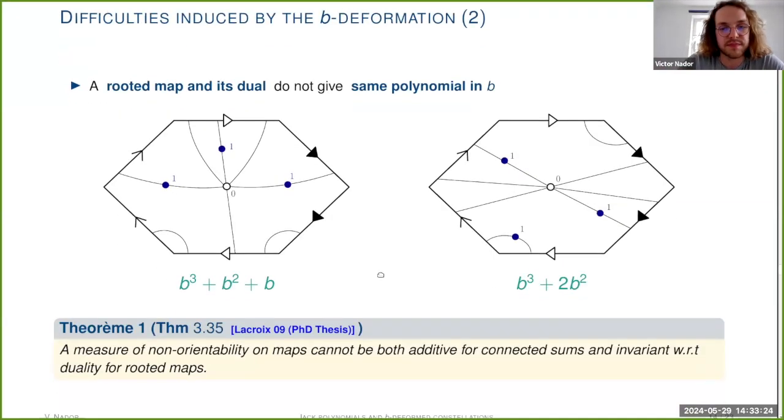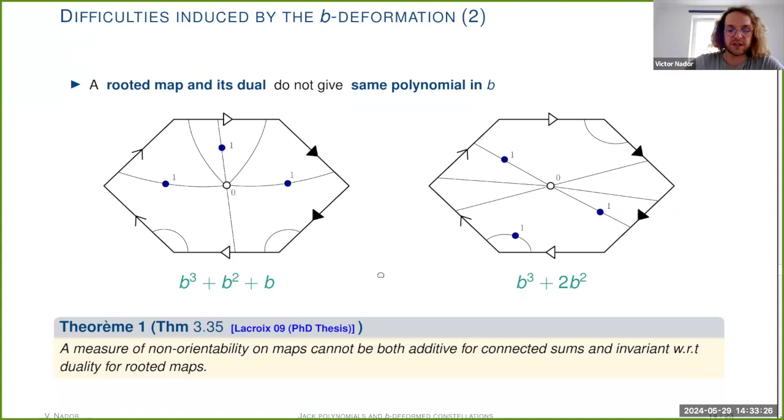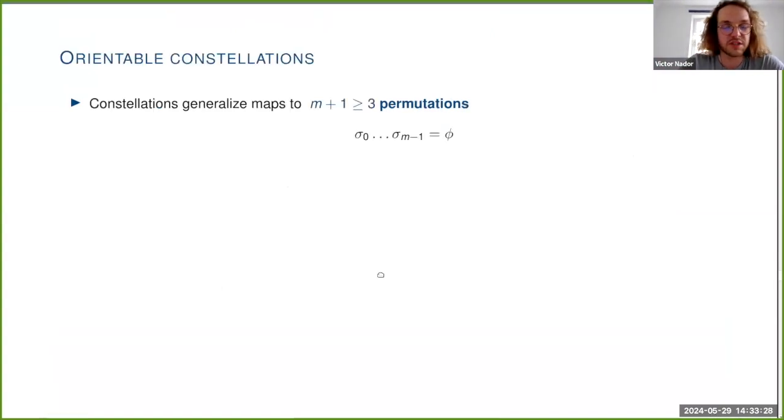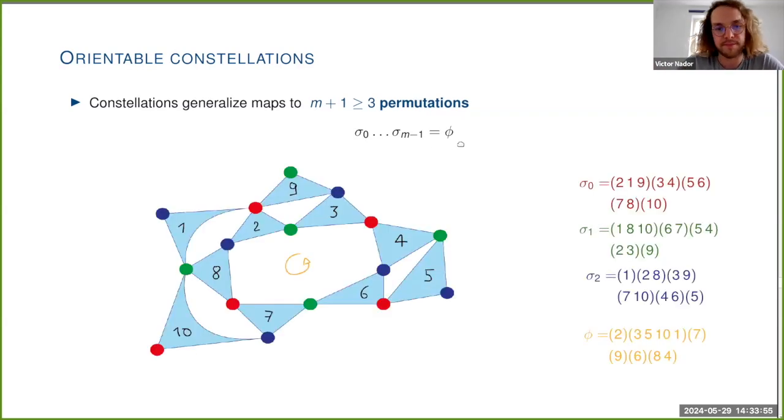Okay, so now I'm going to introduce the constellations. Constellations generalize the algebraic definition for maps, seen as a factorization of a permutation, to an arbitrary number of permutations. So now instead of just having sigma alpha equal to phi, I take m-tuples of permutations, and I simply require that this factorizes phi, or if you want, that the m-tuple with phi inverse is a factorization of the identity.